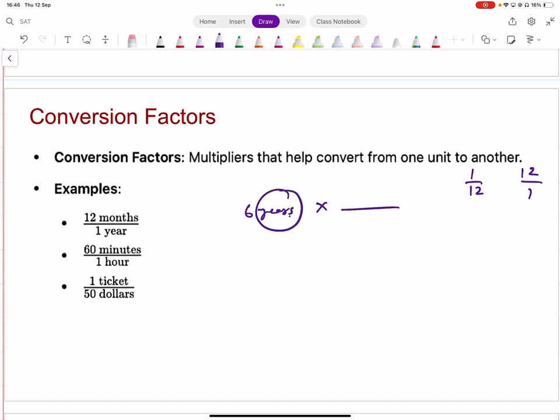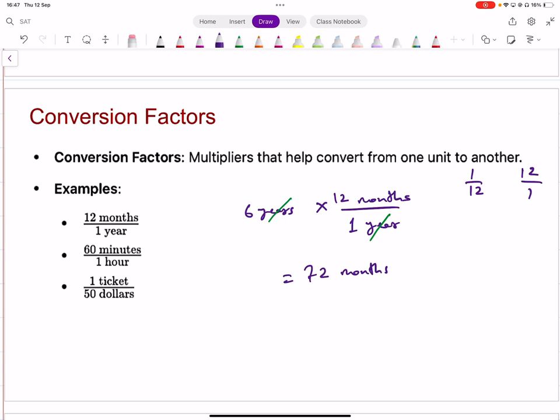Now for years to get cancelled, should you have years in the denominator or numerator? It should be in the denominator here, and months should be in the numerator. So now 12 months correspond to 1 year. Years and years, the units get cancelled, and we are left with 72 months. Okay?